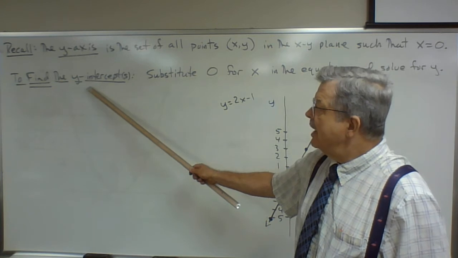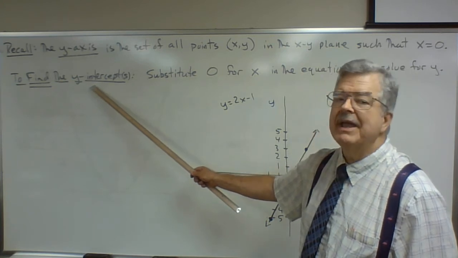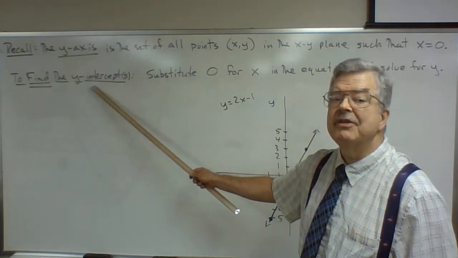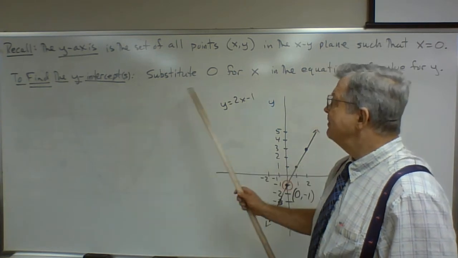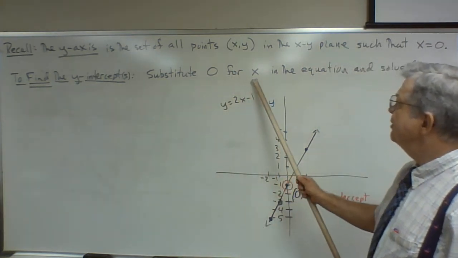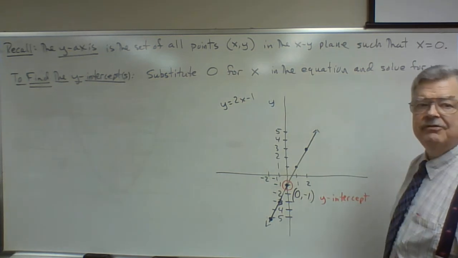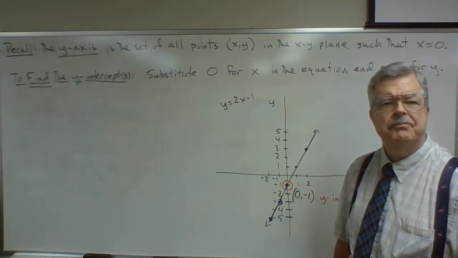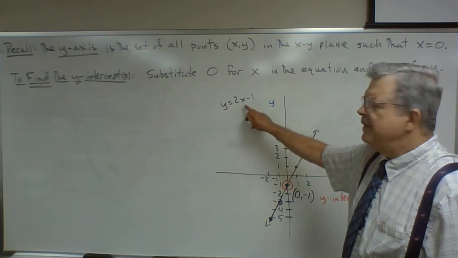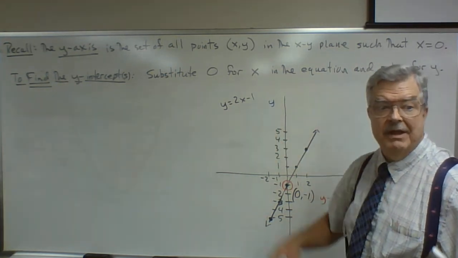So to find the y-intercept or y-intercepts of a graph, substitute 0 for x in the equation, and then solve for y. Let's see if we can do that with this equation.